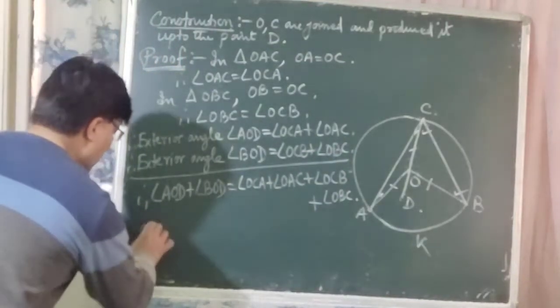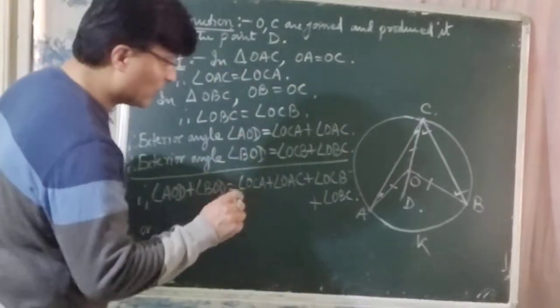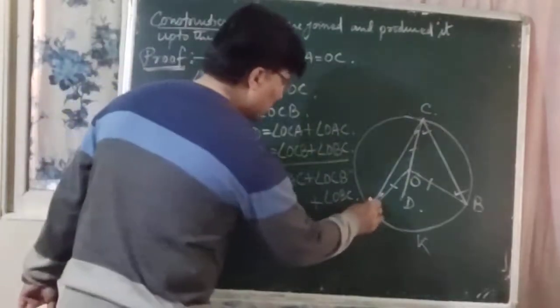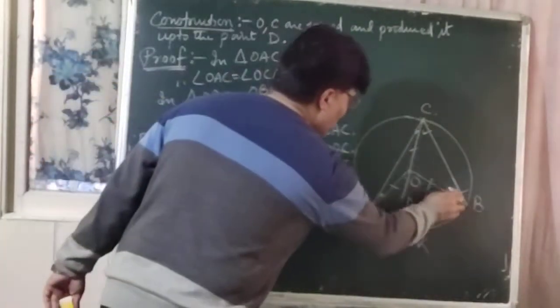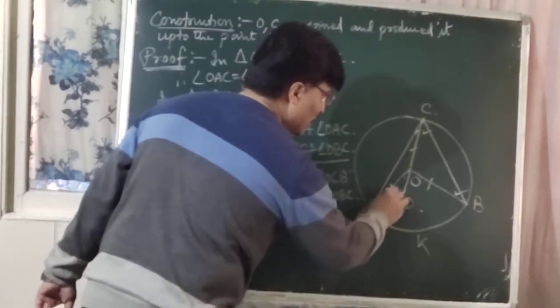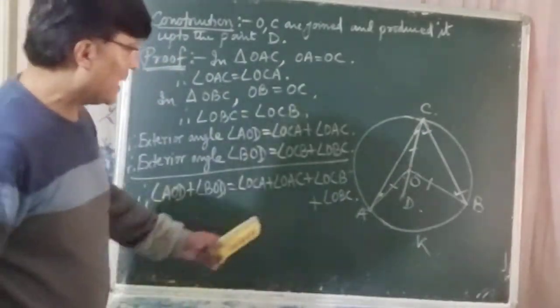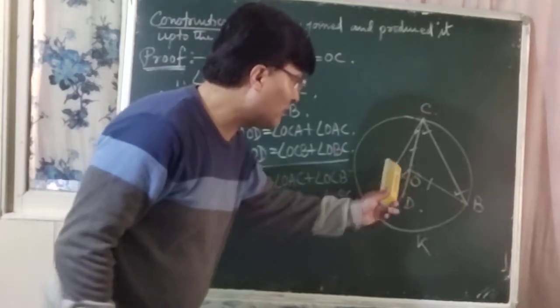Now, what is angle AOD plus angle BOD? Look at the blackboard. This is angle AOD and this is angle BOD. When you add these two angles, what do you get? Angle AOB, right? Angle AOD and angle BOD together make angle AOB.